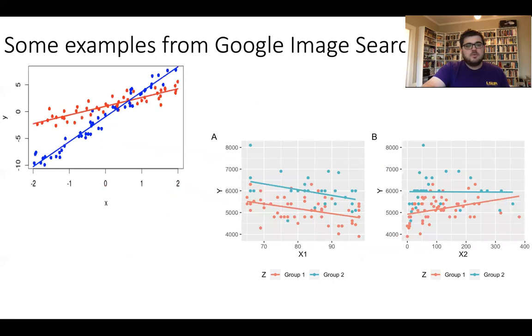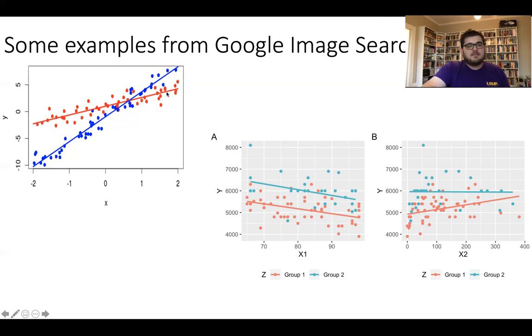And just to give you more visuals for what an interaction would look like if it were there, here's this chart right here. As X increases, both of these groups, the red group and the blue group, both go up, but they go up at different rates. The red group has a higher, more elevated start, and it increases as X increases, but it's not that steep.